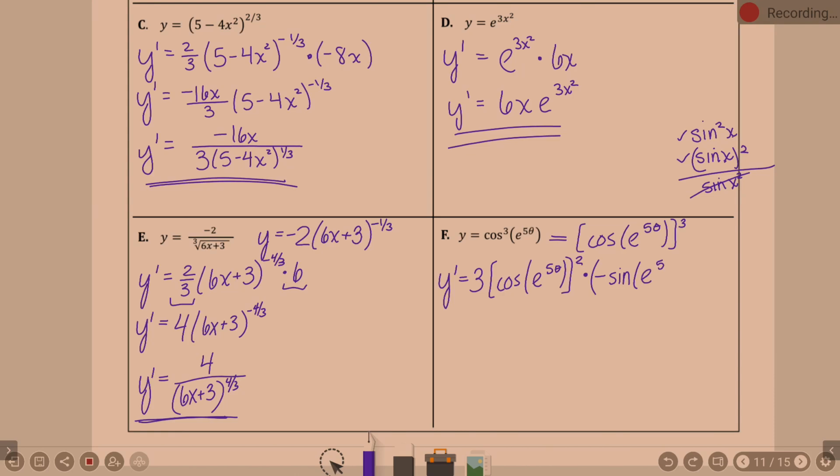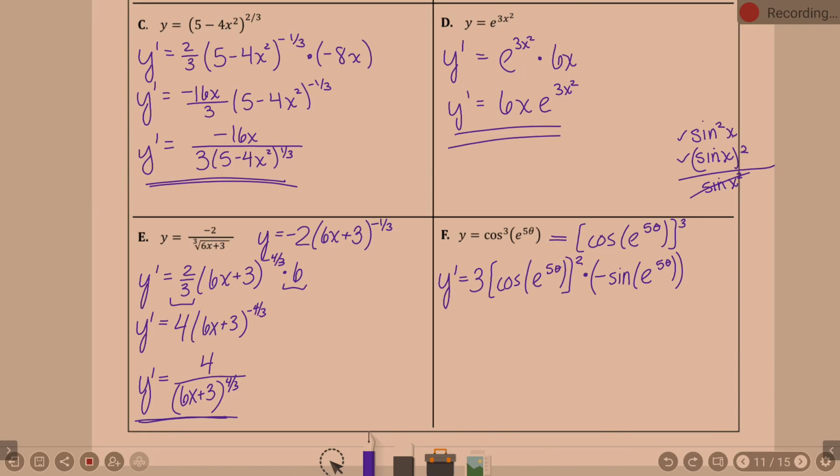E to the 5 theta. We did the derivative of cosine of something and got negative sine of something. What's my something? E to the 5 theta.